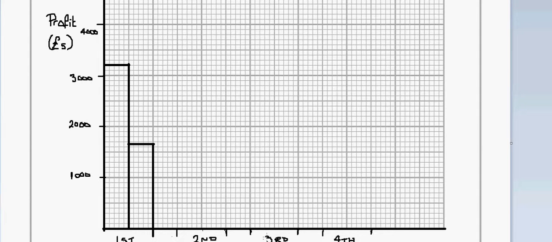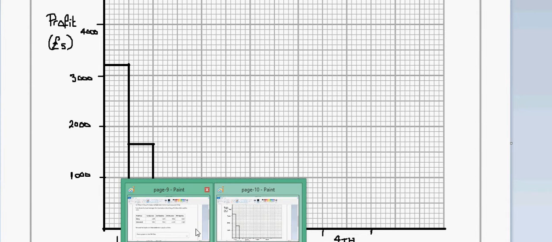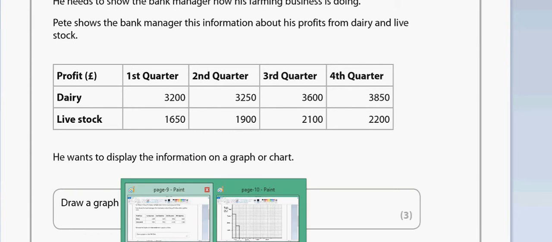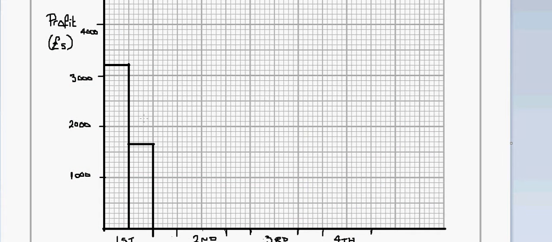Okay, so our profits here and our quarters are here. So this means a lot of diving backwards and forwards, I'm afraid, but for the first quarter for dairy, Pete made £3,200 profit. So I've drawn a bar here and then gone up to 3,200.